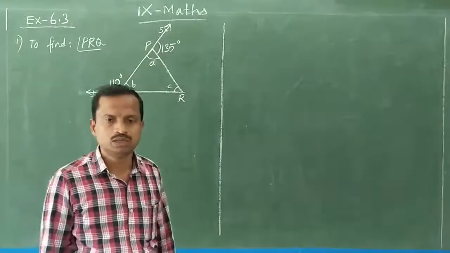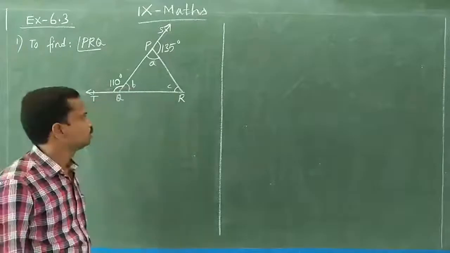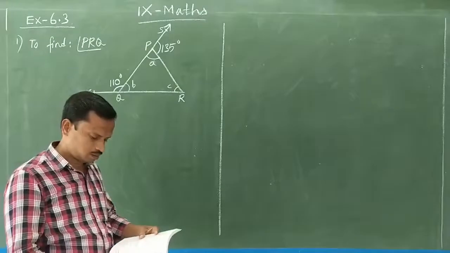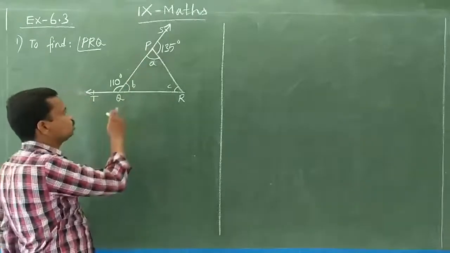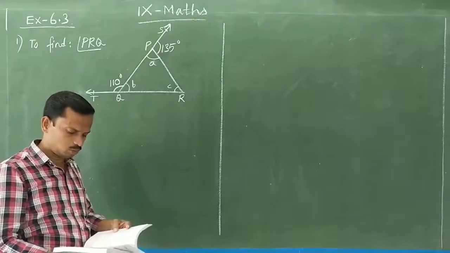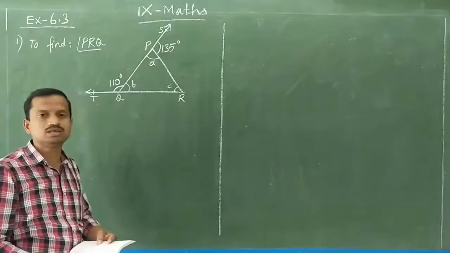Now coming to exercise 6.3, first sum. This is the figure given there, and the question is: in this triangle PQR, the sides QP and RQ are produced to points S and T respectively.